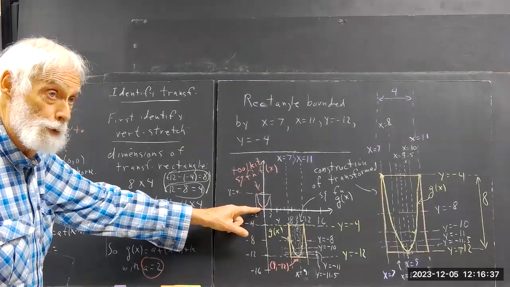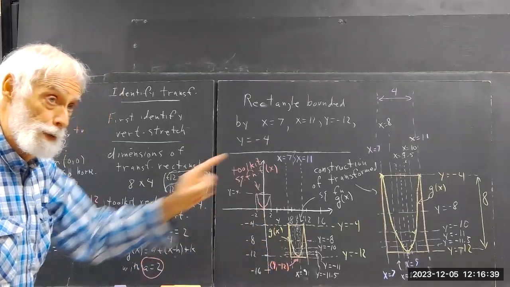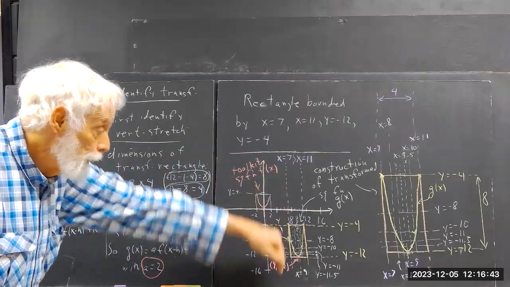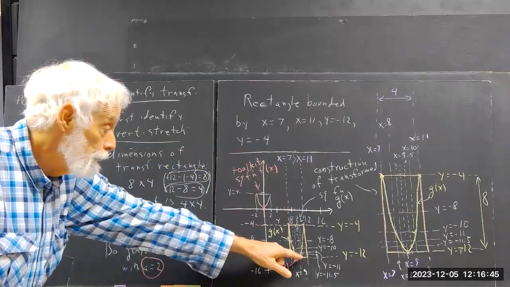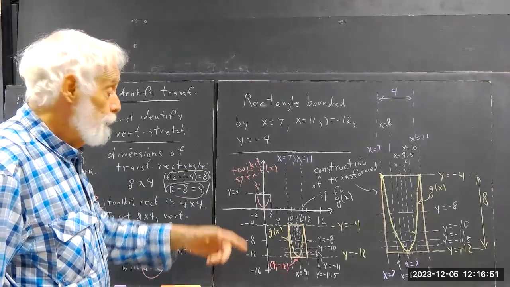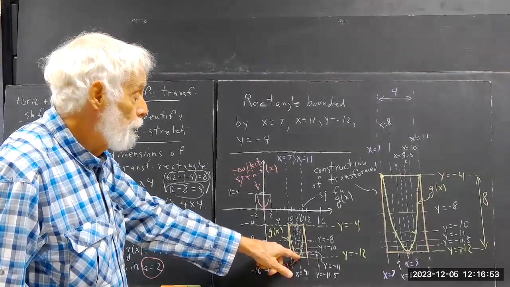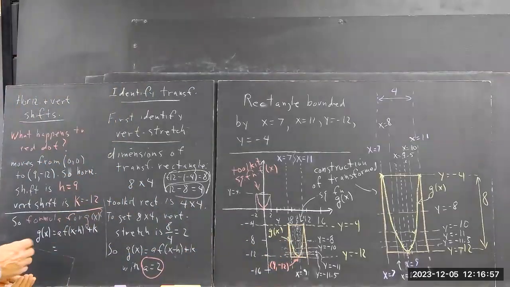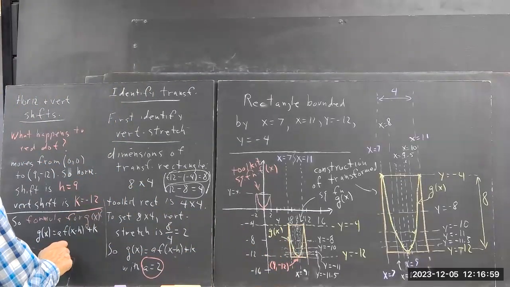Since you're starting at x equals 0, to get to x equals 9, you've got to go 9 units. You're starting from y equals 0, you've got to go -12 units to get here. So you can just read that right off of the graph. If you've labeled everything, then you're going to know what the coordinates of the red dot are, and you're going to be able to tell me what h and k are. So a is 2.